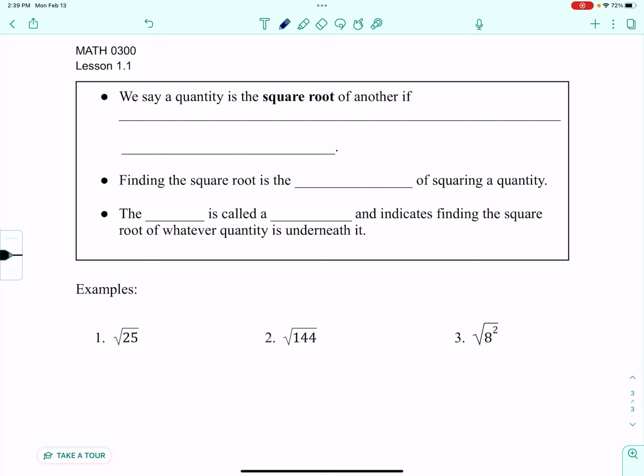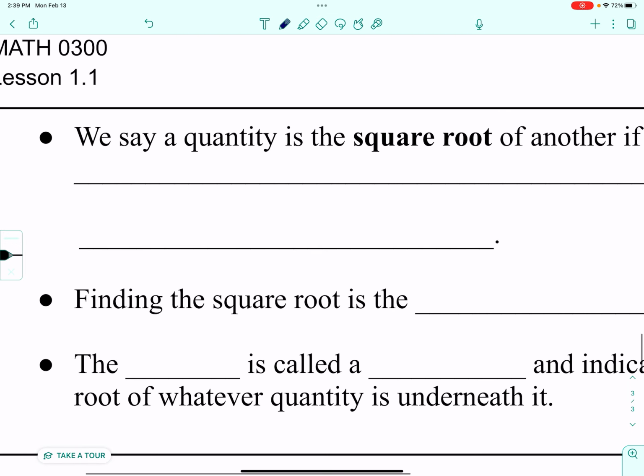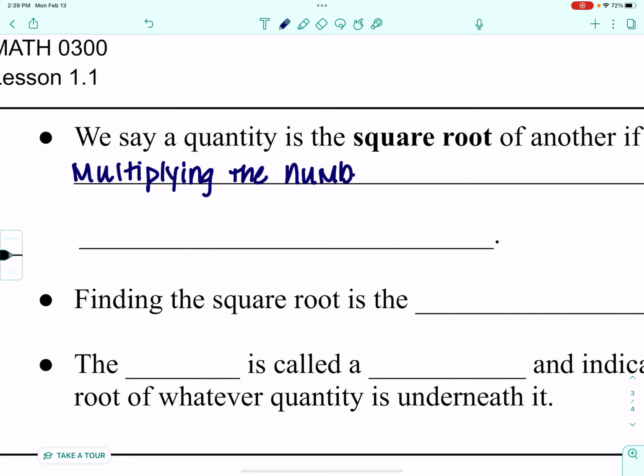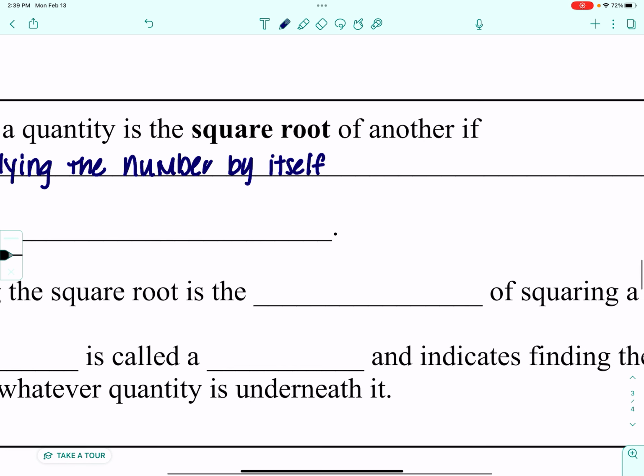So now we're going to take a look at square roots. We say a quantity is the square root of another if multiplying the number by itself gives the original.